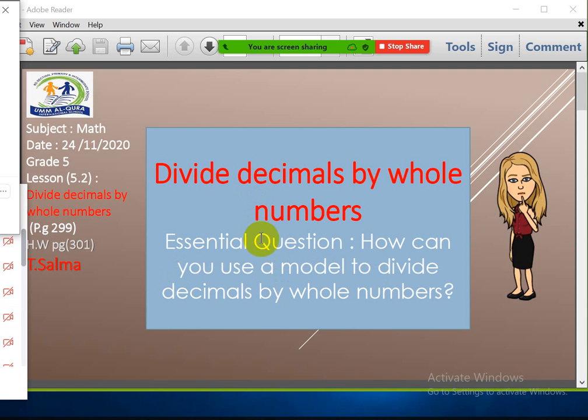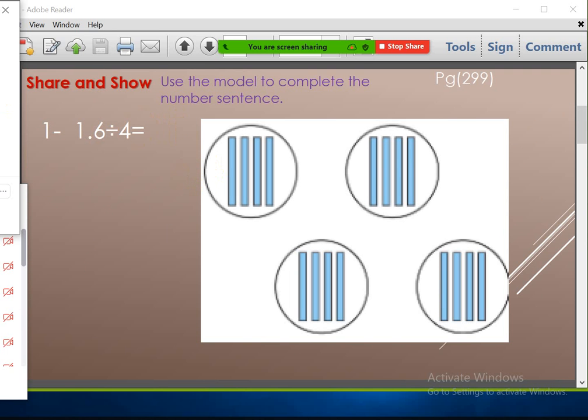Please open your books on page 299 to solve the exercises and see how we will divide the numbers.